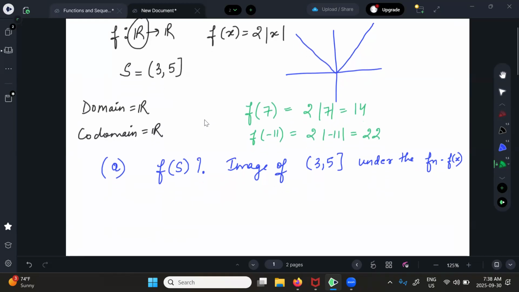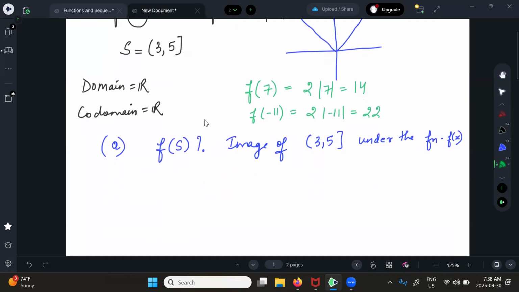How did I tell you to remember this question? For image questions like this, plot your set, in this case (3, 5], on the real line, the x-axis, with 5 included. You usually pick your 7 here and then you find what the value is, right?